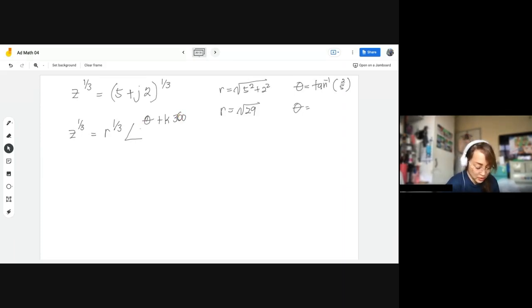It will be square root of 29 raised to 1/3, angle 21.8014 degrees.